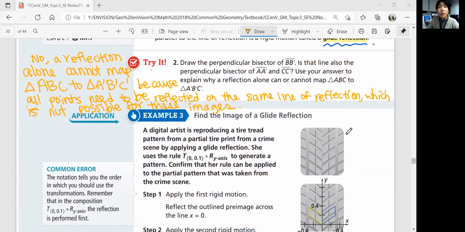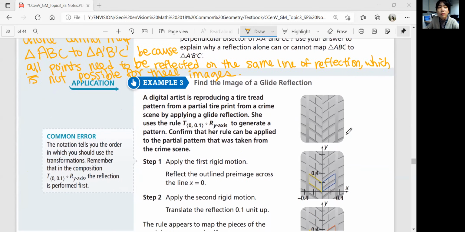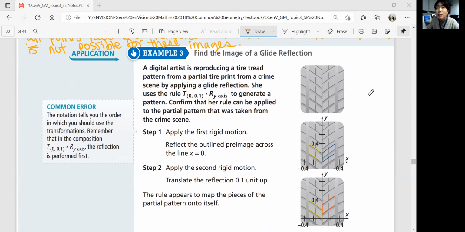Let's look at example 3. Find the image of a glide reflection. A digital artist is reproducing a tire tread pattern from a partial tire print from a crime scene by applying a glide reflection.